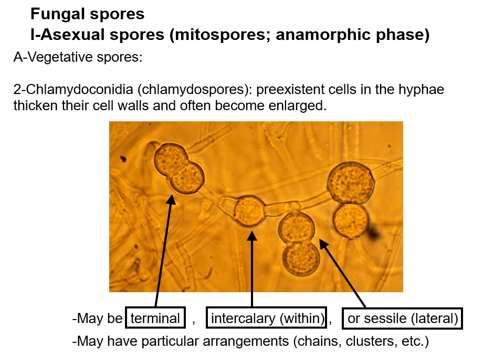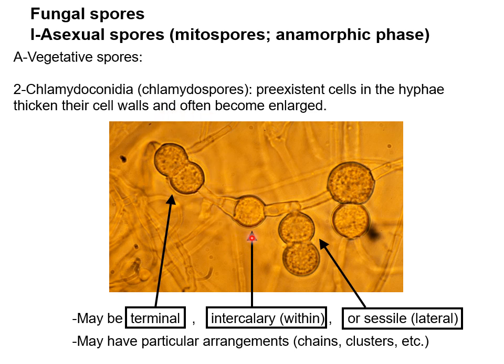The second type of vegetative spore, still under asexual spores, is chlamydoconidia or chlamydospores. These are actually cells that are already present in the hyphae. Their cell walls become thick, they become enlarged, and you see something of this sort. They can be at the end of the hyphae or the hyphal filament, and we call this terminal chlamydoconidia or terminal chlamydospore.